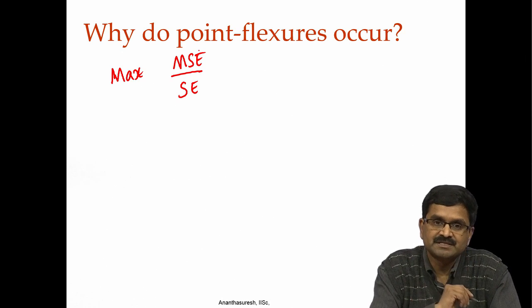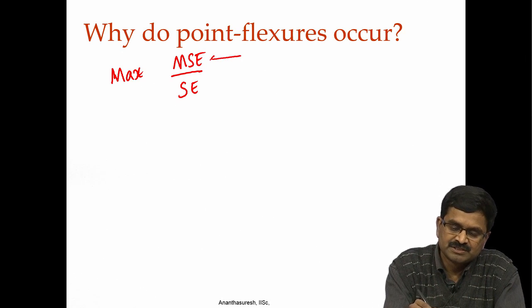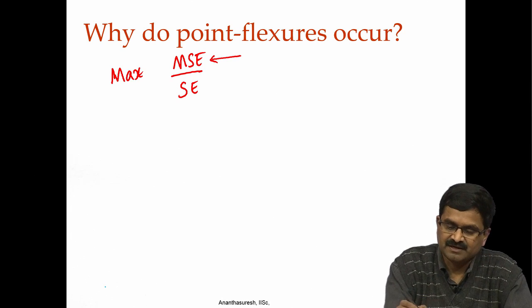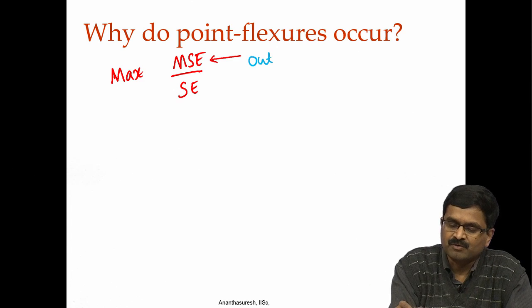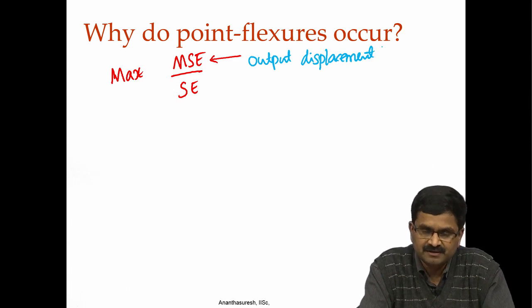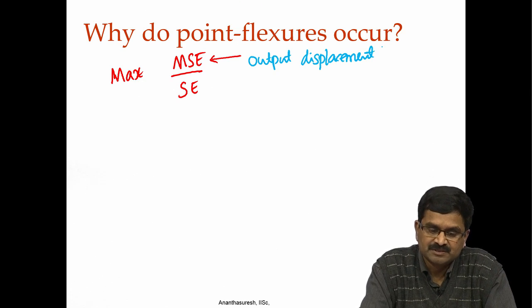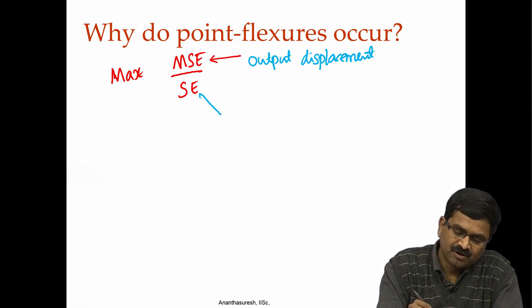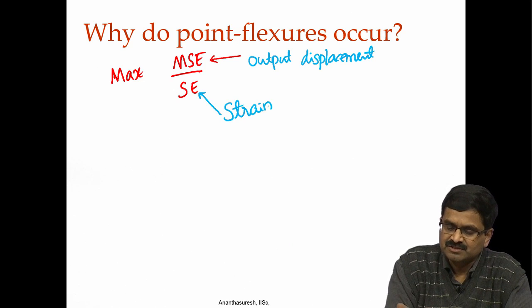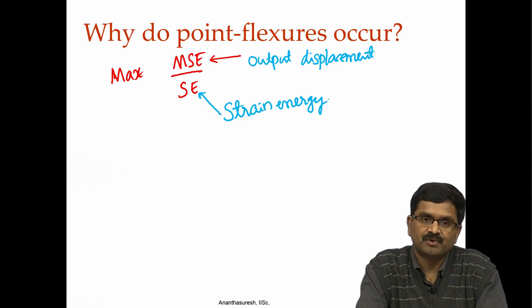When you want to maximize mutual strain energy, which is nothing but output displacement, again we are emphasizing that a lot, you want the algorithm to maximize output displacement, and what is the denominator, which is SE, that is strain energy. The ratio is what you want to maximize.